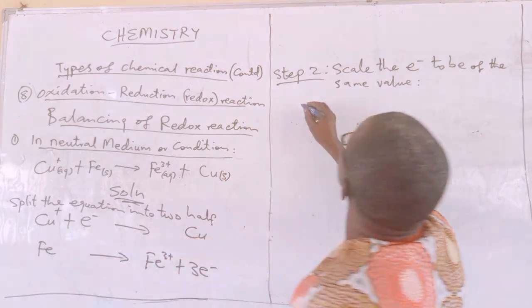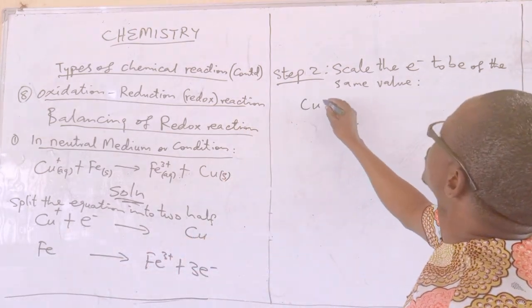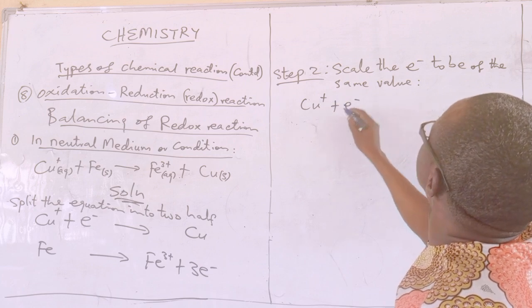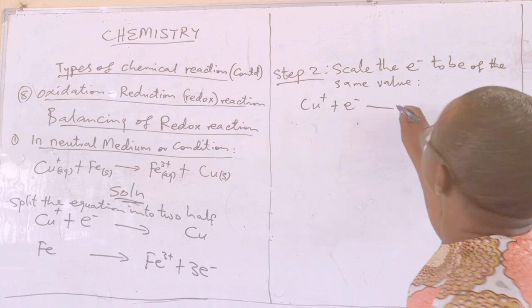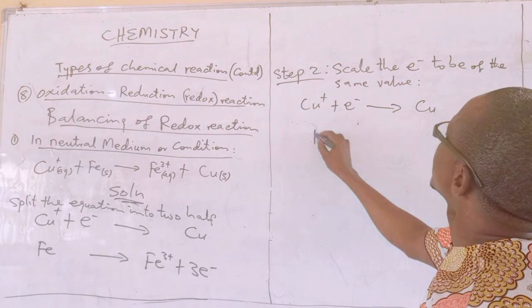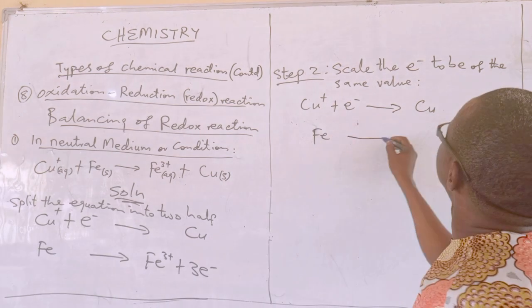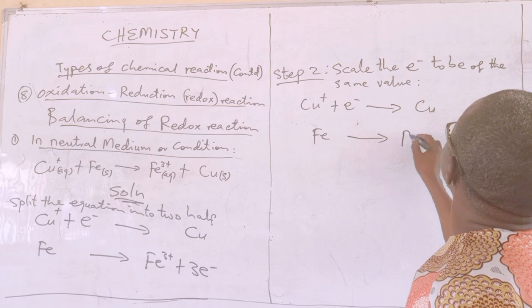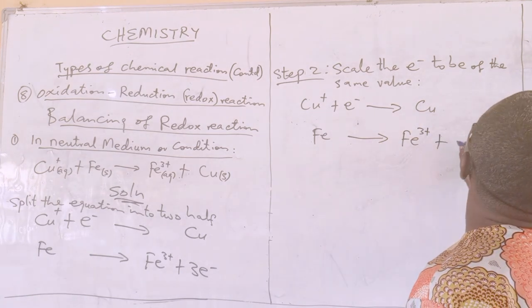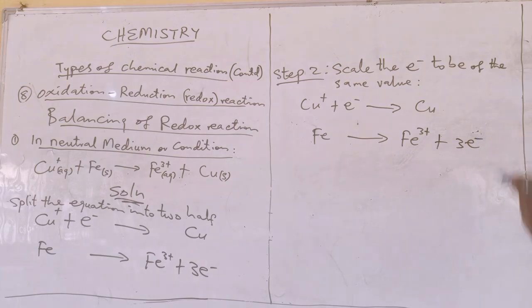Remember, I have Cu+ plus e minus to give me Cu. Then the second one is Fe to give me Fe 3 plus, 3e minus.